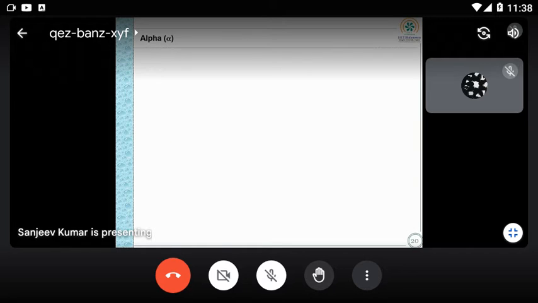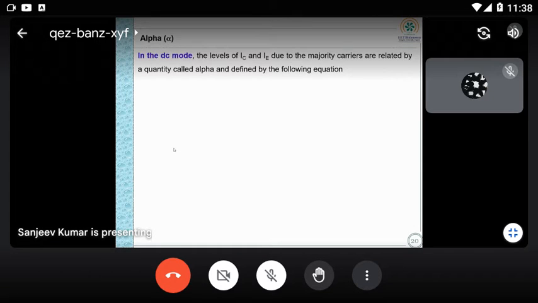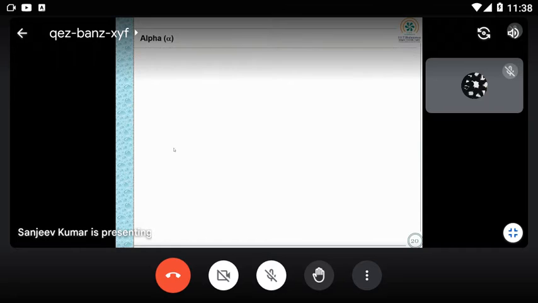Now here alpha is for the common base configuration. If a transistor is in DC mode, what is your output current divided by input current?